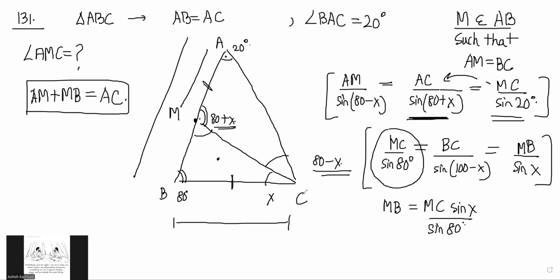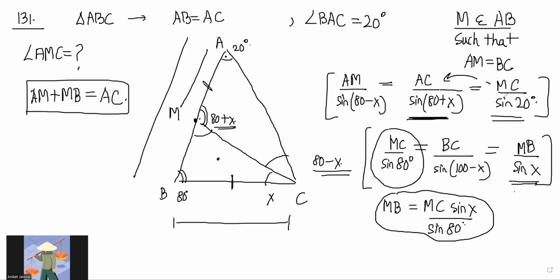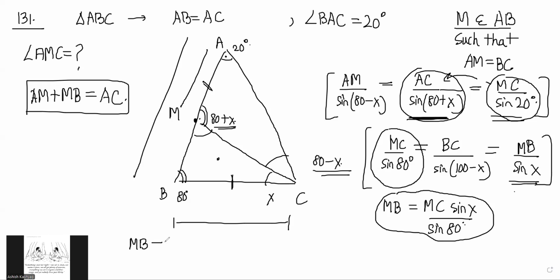I am saying MB from the second one can be written in terms of MC, and that MC can be written in terms of this AC, right? So I'm getting MB in terms of variables AC and x, right?